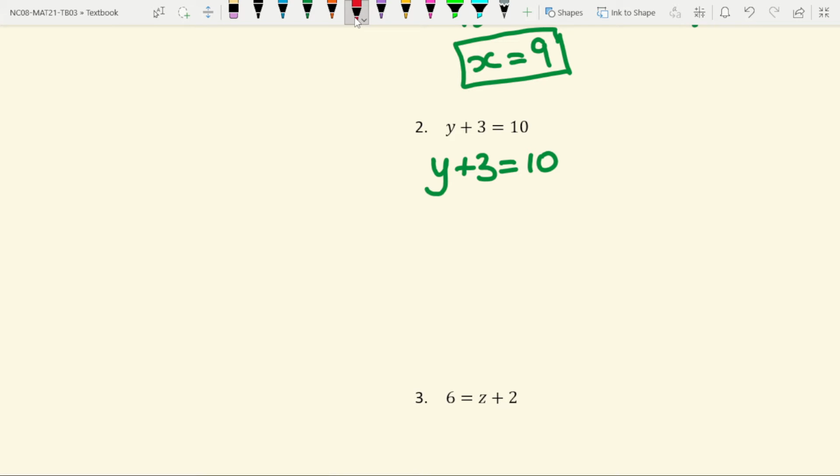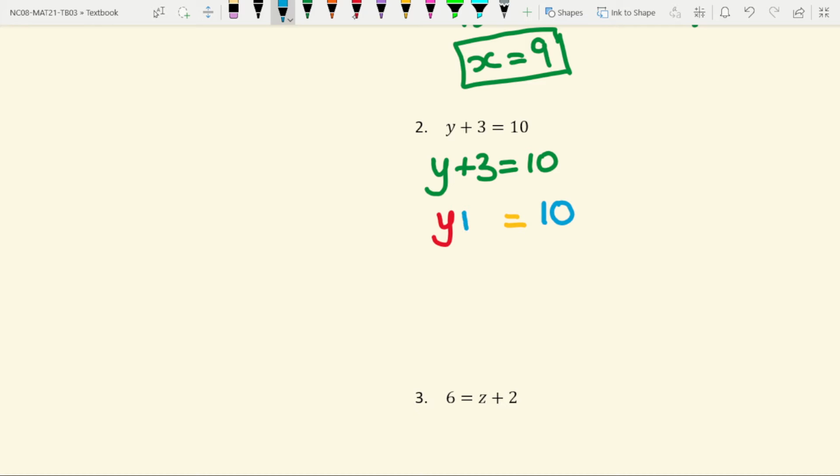The unknown term is just y, so we keep y in the LHS itself. Let us shift all the known terms to RHS. 10 is already known and already in RHS, so we will not change it.